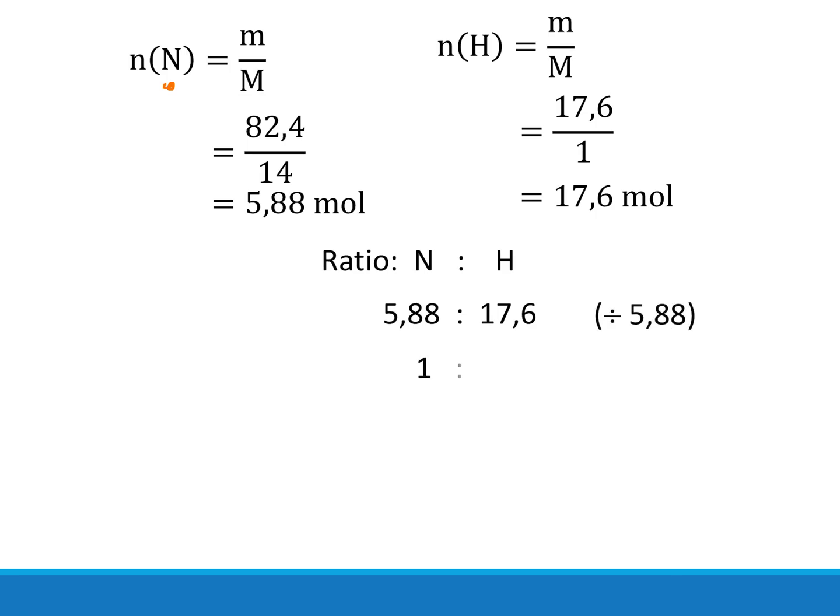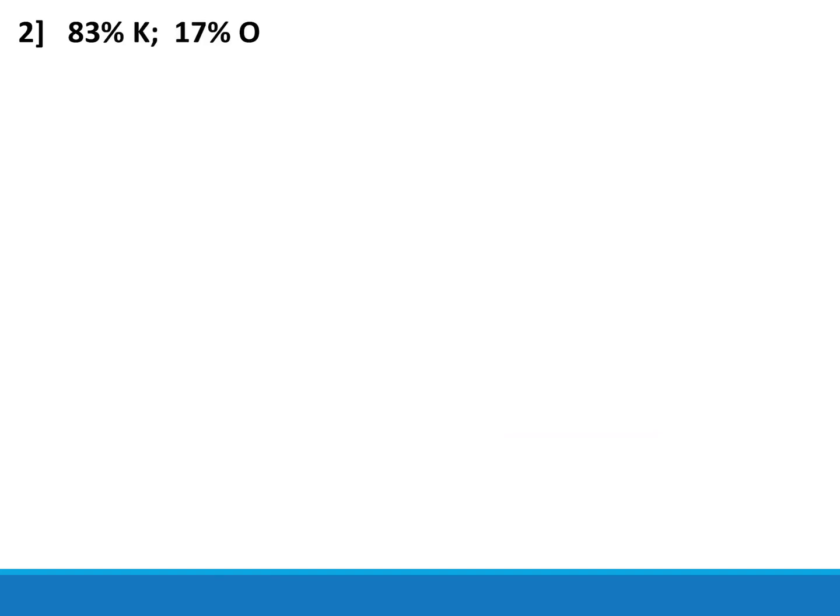When you do the division, I think this is 2.99 for the hydrogen. So then we round up to a whole number. This tells me that in this substance, for every 1 nitrogen, I have 3 hydrogens. So it's NH3.